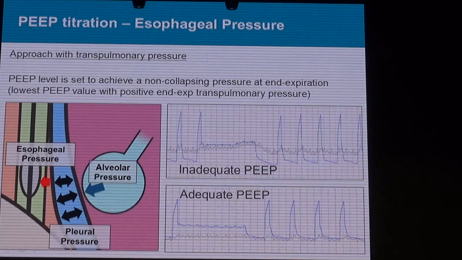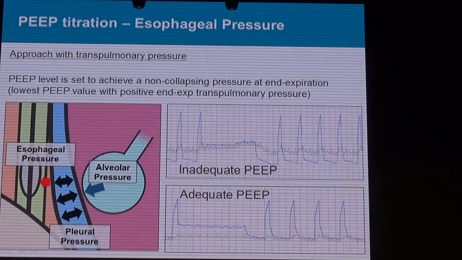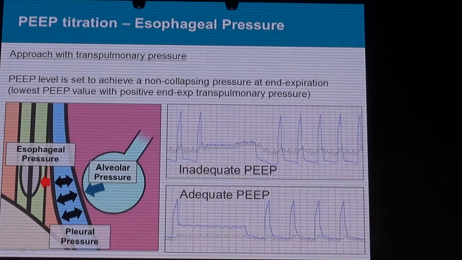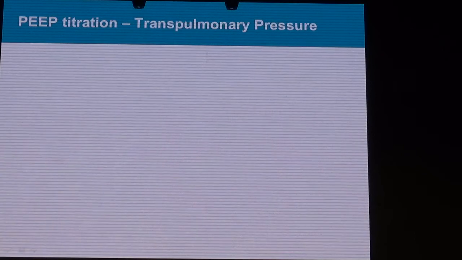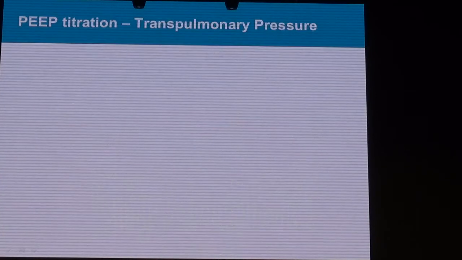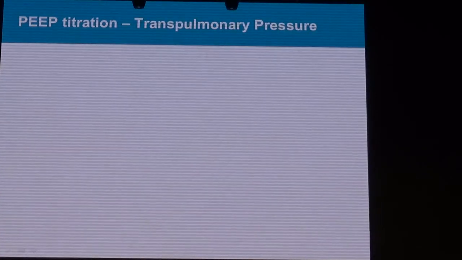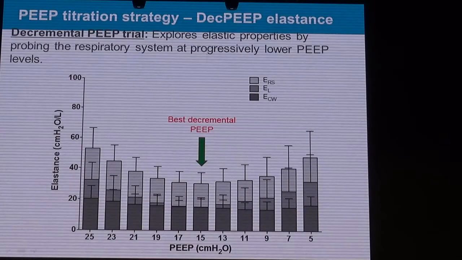Thus, in order to have adequate ventilation, you should increase positive end-expiratory pressure above the pleural or esophageal pressure.